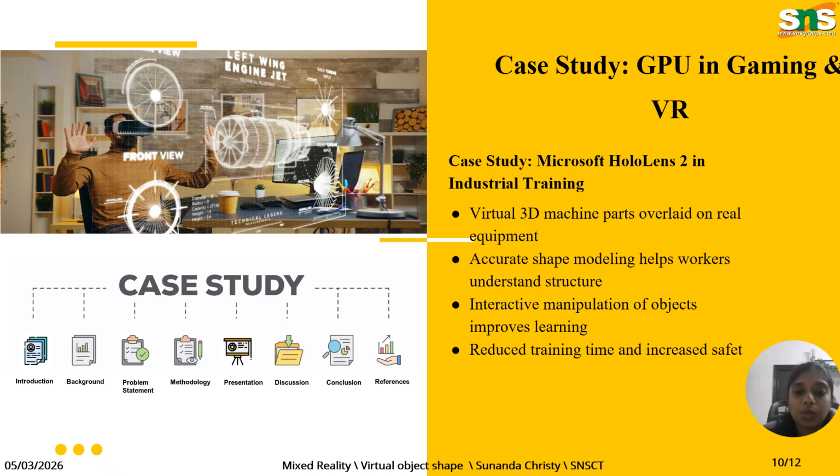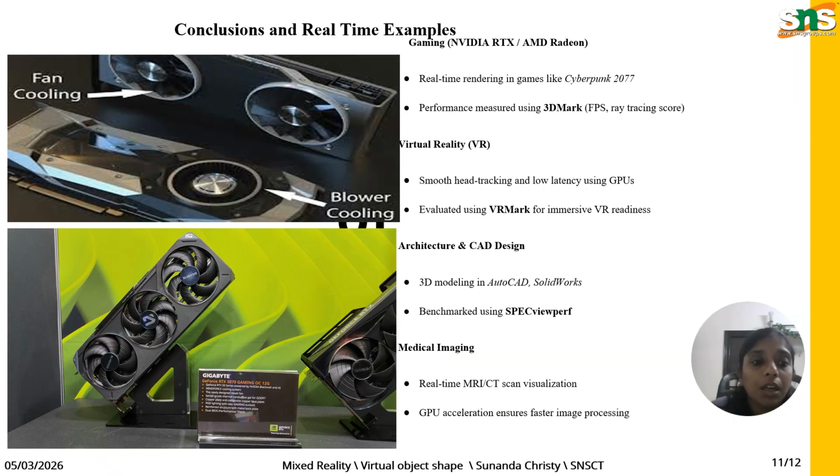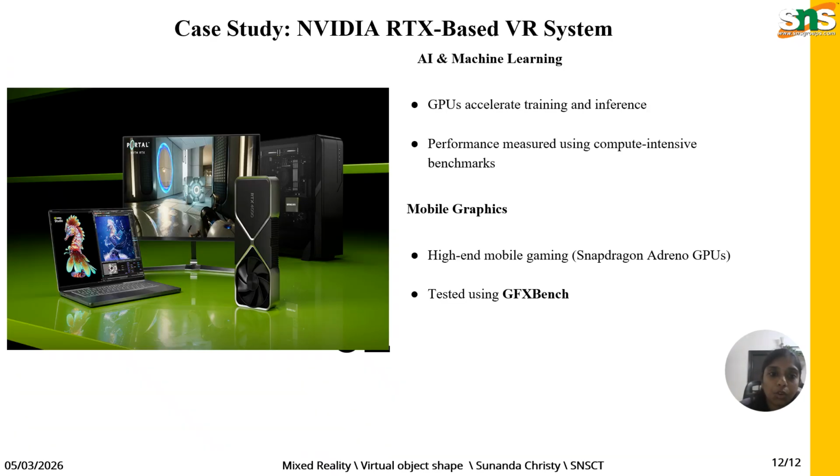It also reduces training time and increases value. That's how real-time rendering is done through games and 3D modeling. How the hardware interacts with the virtual objects is also important.